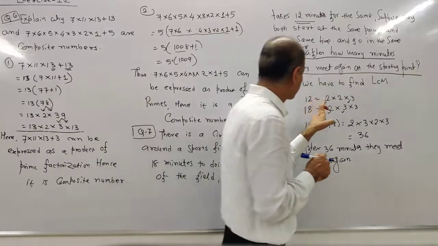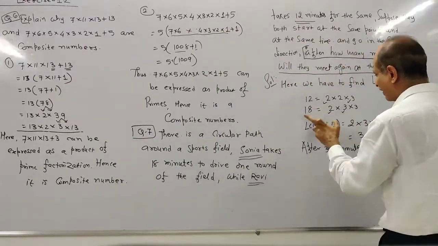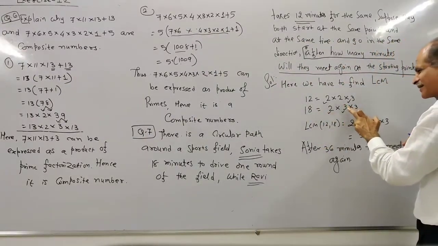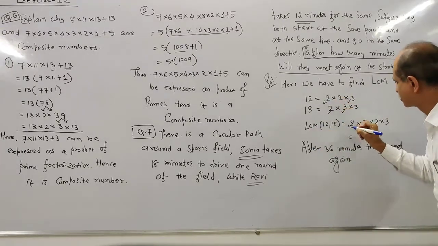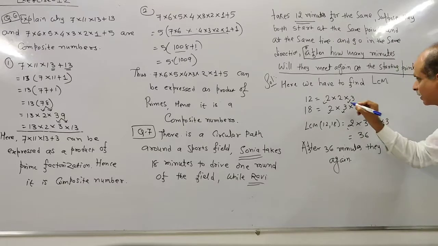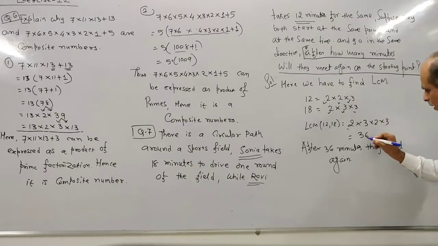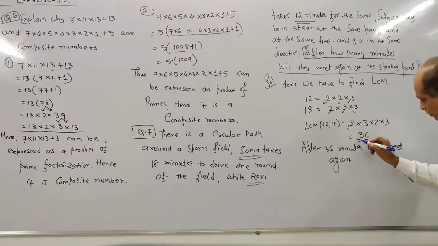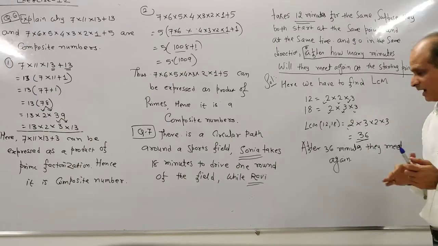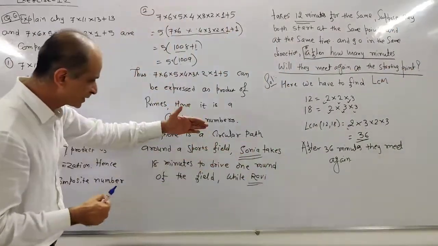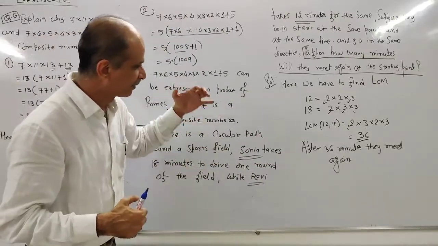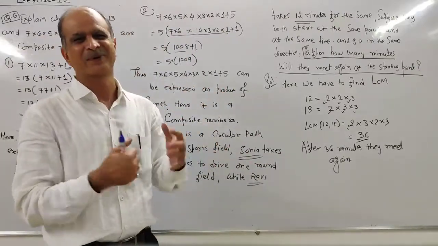So 12 means 2 into 2 into 3, 18 means 2, 3 twos are 6, 6 threes are 18. So LCM of 12 and 18: the common is 2, again common is 3, the remaining things are 2 and 3. If you write down and multiply this, what do you get? 36. So my friends, after 36 minutes, Sonia and Ravi meet again at one point.